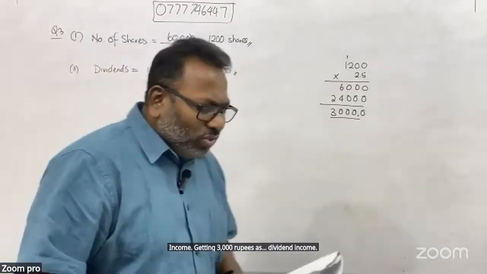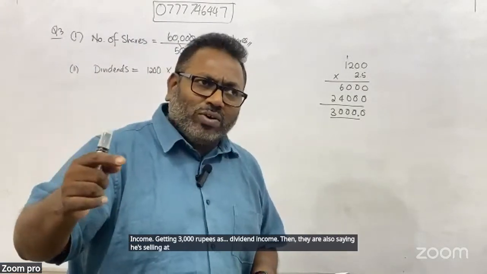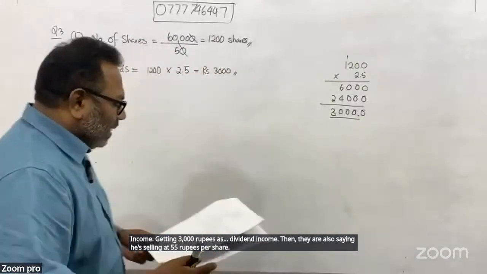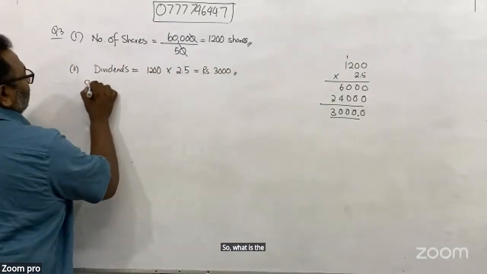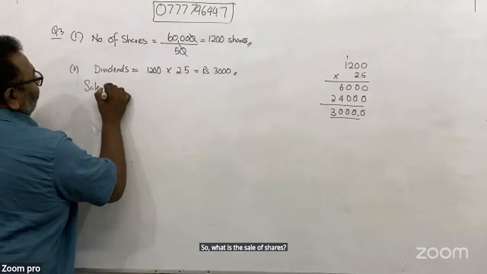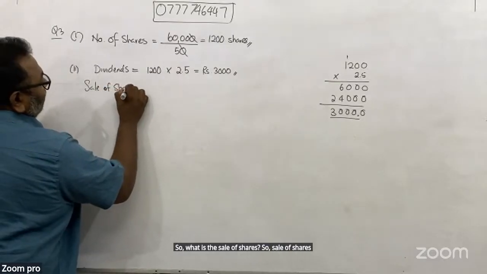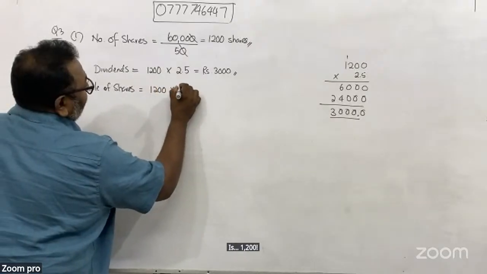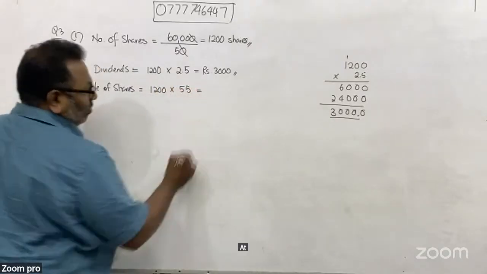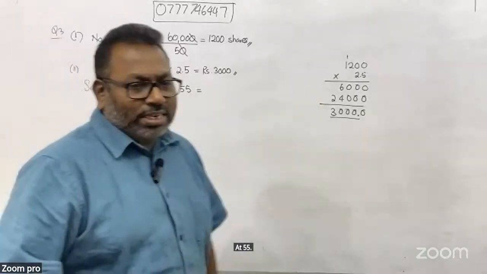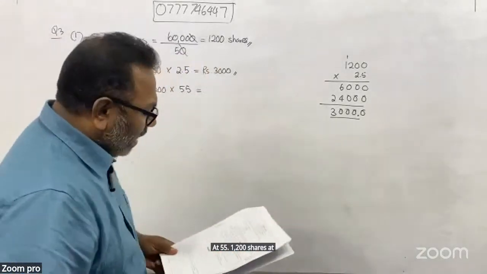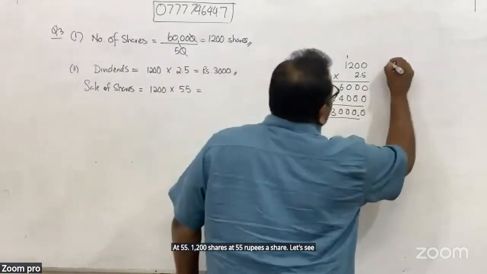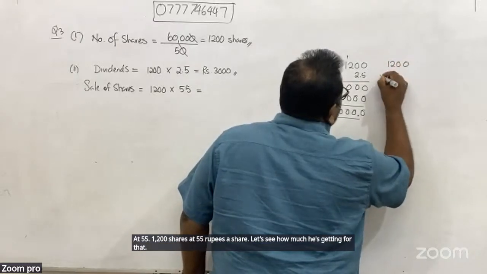Then they are also saying he's selling at 55 rupees per share. So what is the sale of shares? Sale of shares is 1,200 shares at 55 rupees a share. Let's see how much he's getting for that. 1,200 into 55.